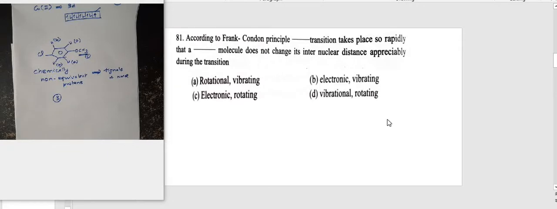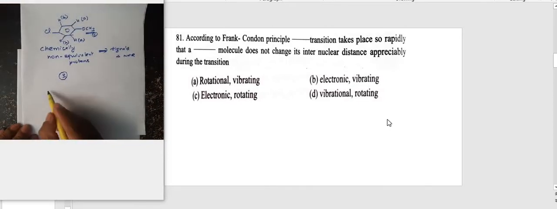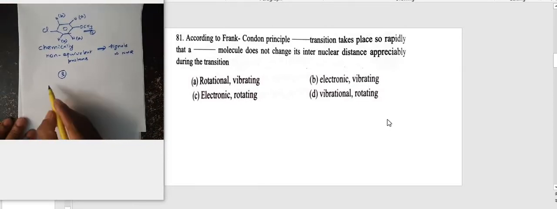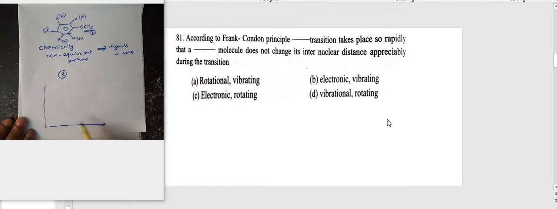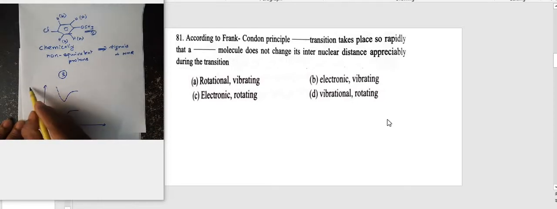According to the Franck-Condon principle, dash transitions take place so rapidly that a dash molecule does not change its internuclear distance appreciably during the transition. We know very well, suppose I consider a diatomic molecule, and we will be having the ground electronic state and the excited electronic state, first excited, and like this we have many excited electronic states.